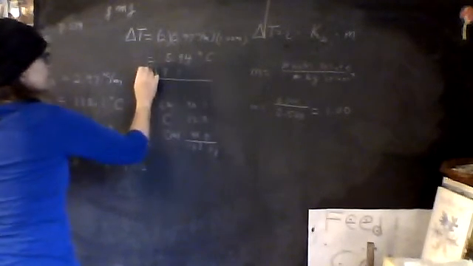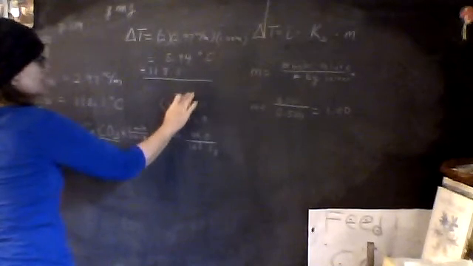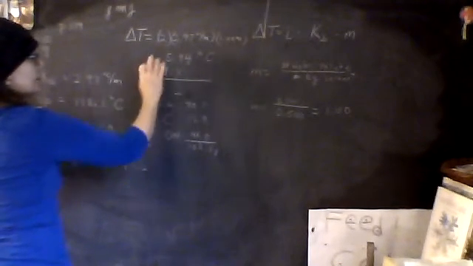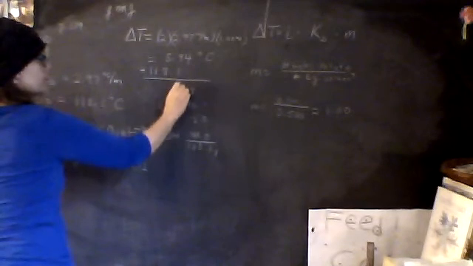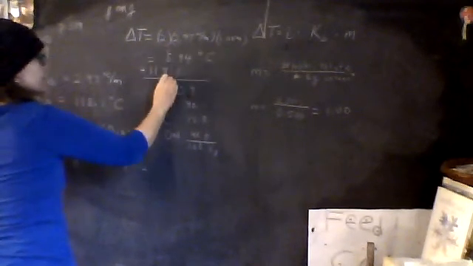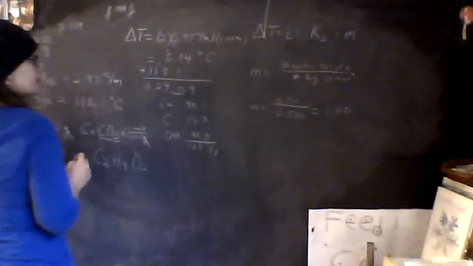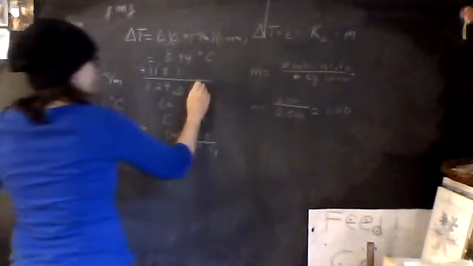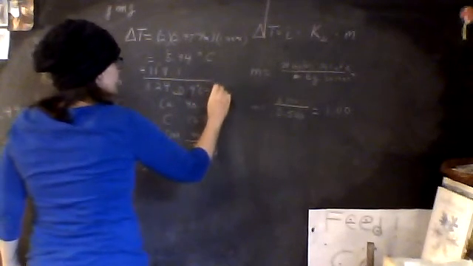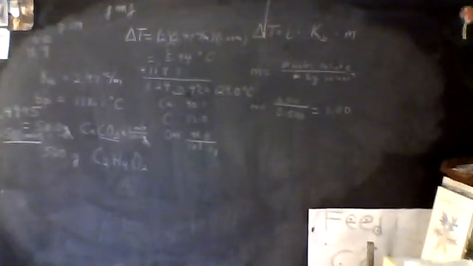Since we're doing an addition here, we want to think about precision, so we're only going to be precise to the tenths place. So 124.04, which we will report as 124.0 degrees Celsius. Any questions about that?